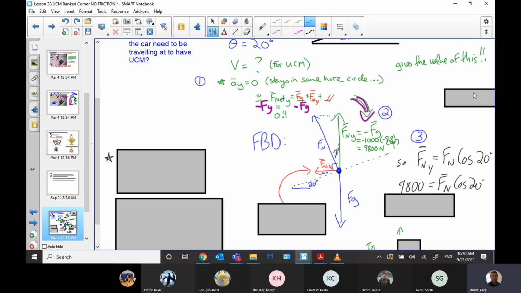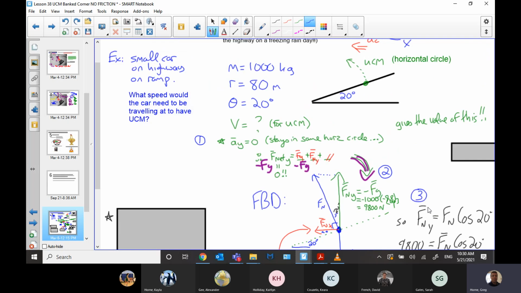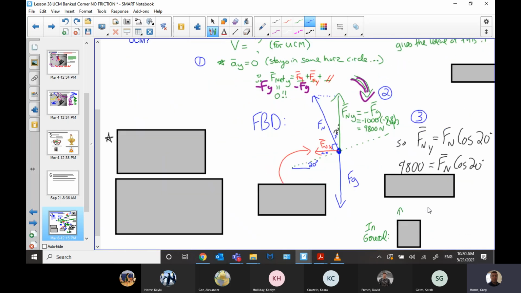Anyways, so we know that this y component is the same as the gravity. That could just be written as mg, by the way, of course, right? So I'll come back to that later, but that's 9800 because we actually had a mass, but it could be just m times 9.8.